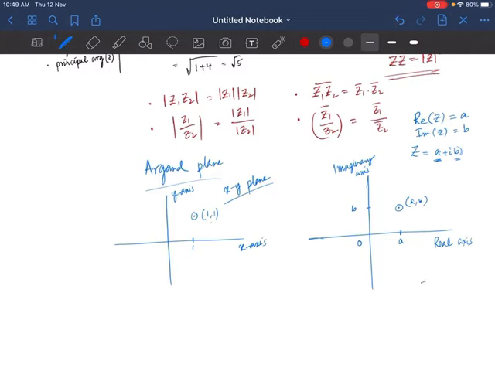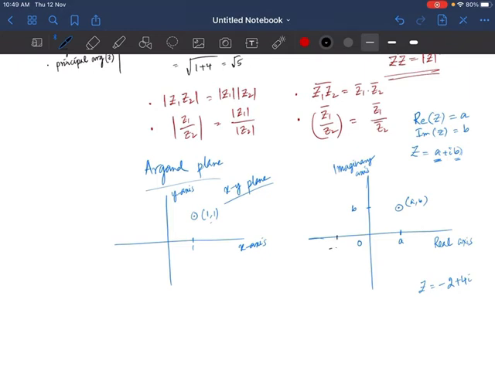Suppose I have a complex number minus 2 plus 4i. How will I plot it in this Argand plane? I have 0. Minus 2 means the real part is negative, so it will go on the left hand side.